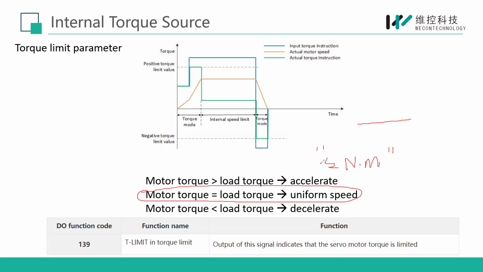Maybe we need this torque, so we set this torque as the motor torque. So we will get uniform speed always. Yes, you are right, to keep our paper tight.